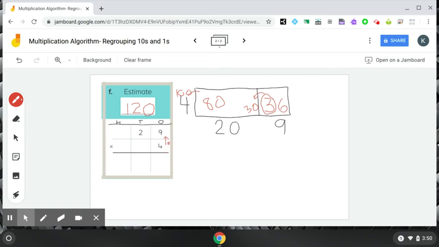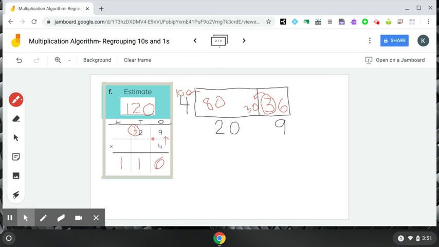Okay, let's take a look and see what our algorithm will look like now. 9 times 4 is 36. I know I have to only put the 6 here, and I have to carry that 3 over here. Okay. Now, when I carry that 3 over here, I need to know 4 times 2 is 8, or 80. 9, 10, 11. So that's really 11 tens.